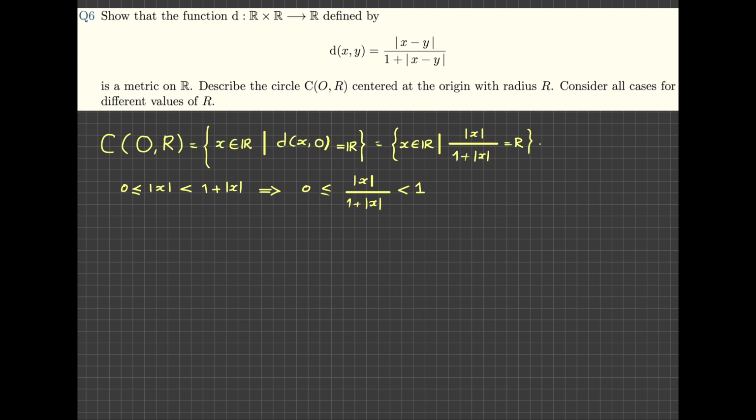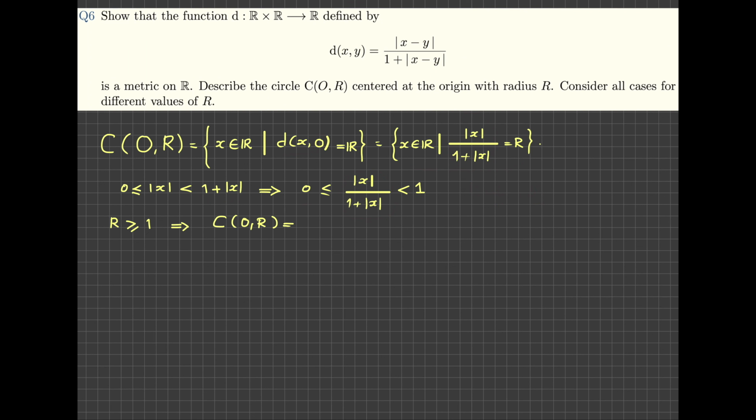Okay? So this means that if R is a number equal to 1 or greater than 1, this set is empty, because it is not possible for this expression to reach 1 or a number larger than 1. So we can say that, okay, if R is greater than or equal to 1, then the circle is actually the empty set.